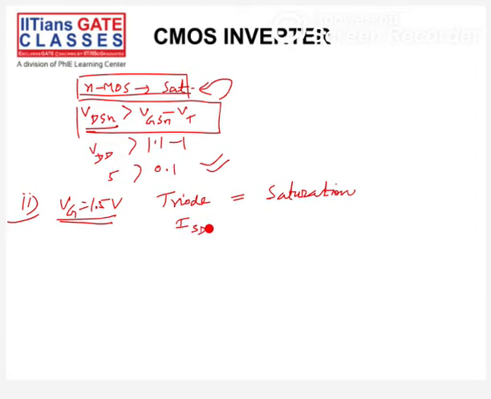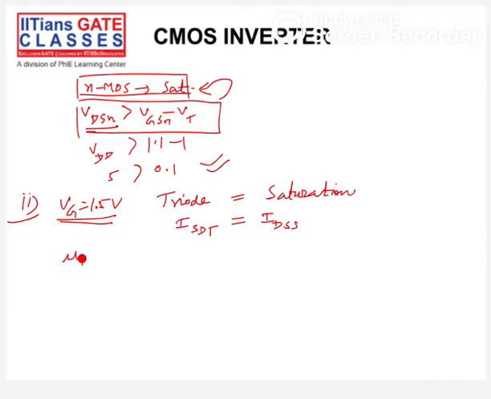ISD in triode region will be equal to IDS in saturation region. So this triode region current, what is this?